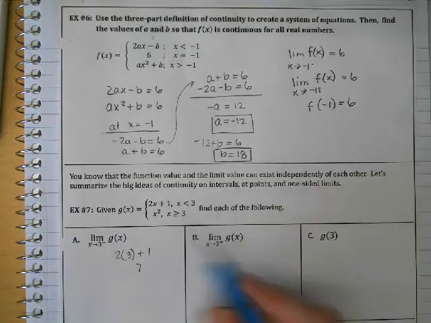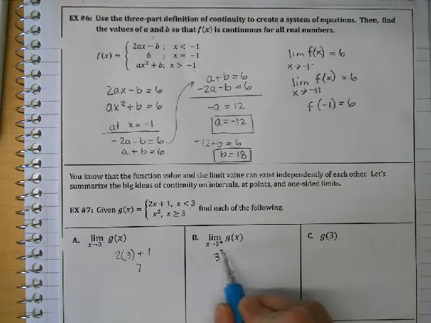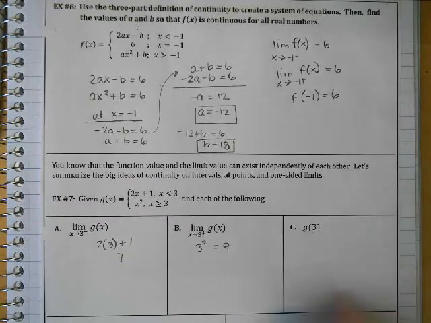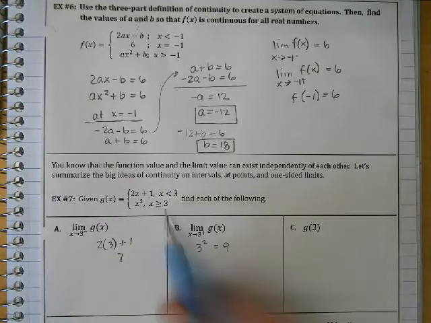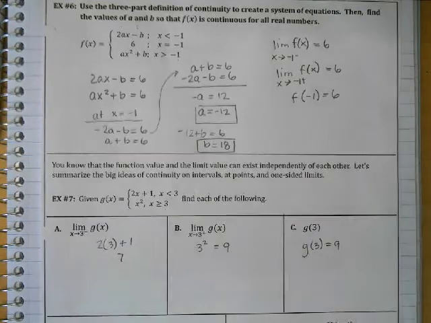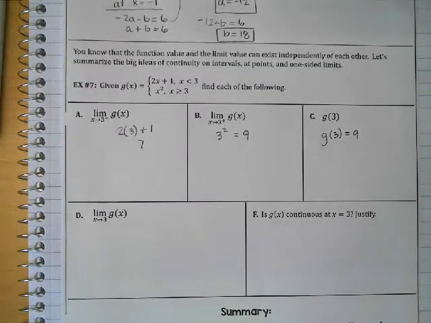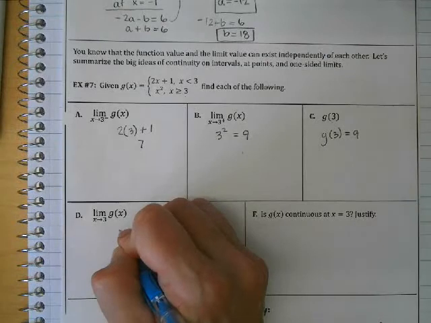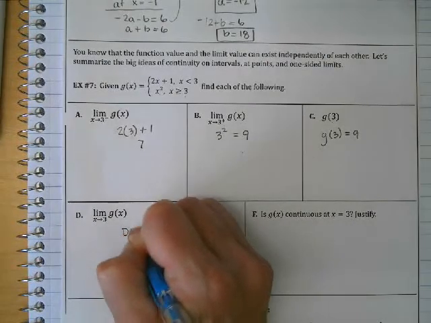As we approach 3 from the right, that is 3 squared, that's 9. G of 3 would be right here, so g of 3 would be 9. How about the limit as x approaches 3 of g of x? Not the same, so this does not exist.